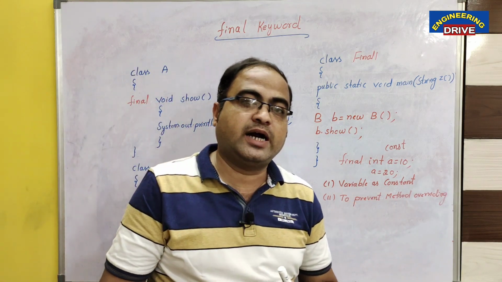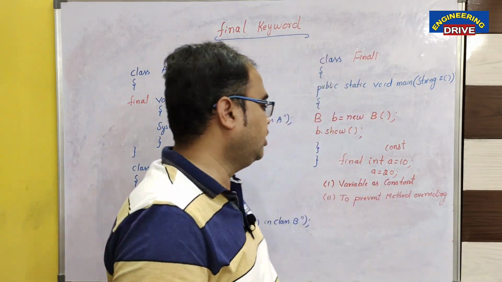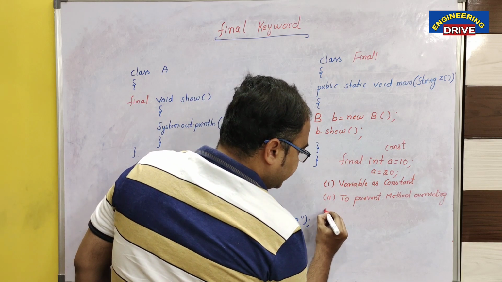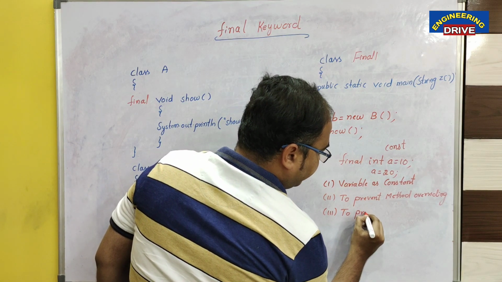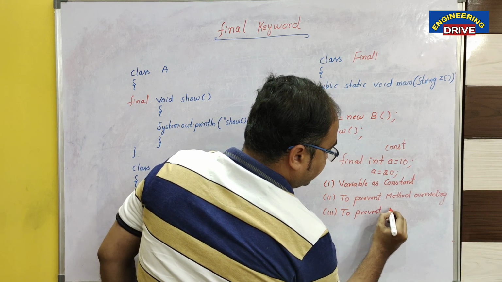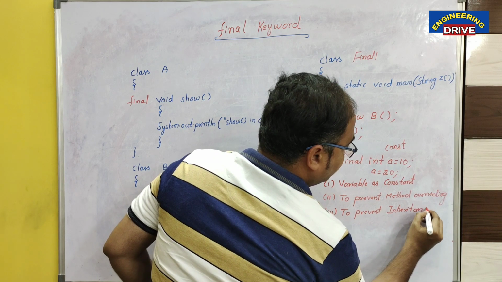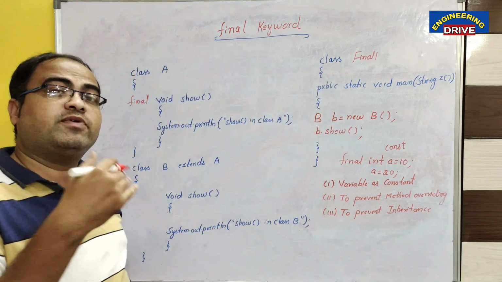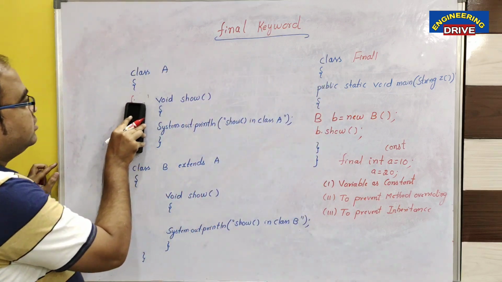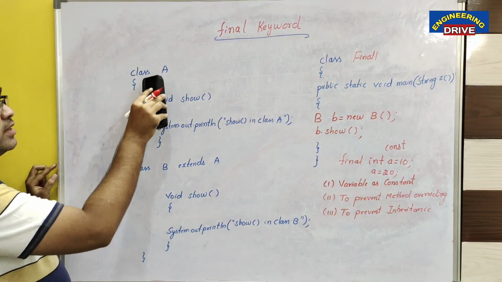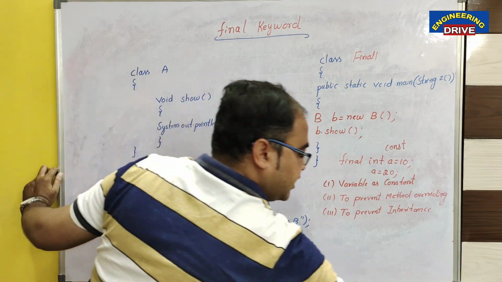And there is one more, the third use, which is very important, and it applies to inheritance only. What is the third use of the final keyword? It is used to prevent inheritance itself, which means I don't want the properties of class A to be inherited to class B. Is it right?